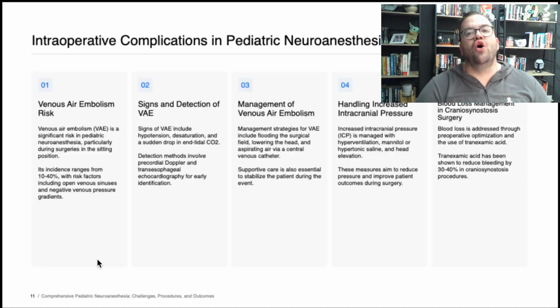And then you need to know the dose of mannitol and hypertonic saline. The dose of mannitol is 0.5 to 1 ml per kilogram as a bolus. In children, I always start slow. So in infants, I use 0.25 mils per kilogram as a bolus. And then I repeat that to a total of 0.5 mils. And then the surgeon and I have a discussion about how the brain is looking and feeling and how the vital signs are doing.